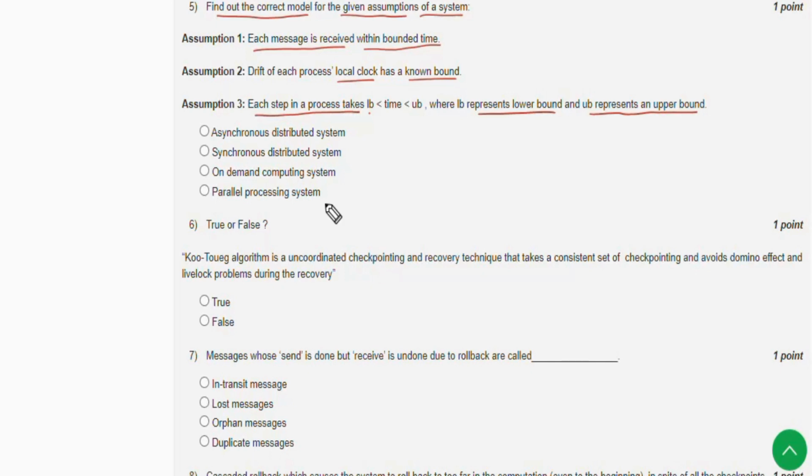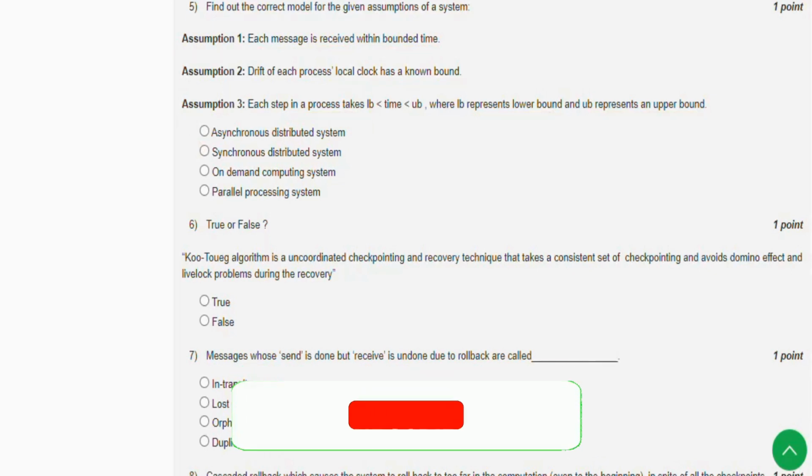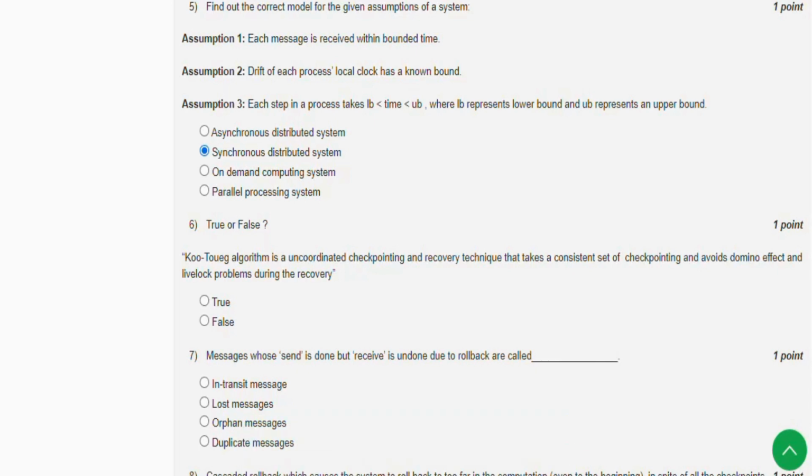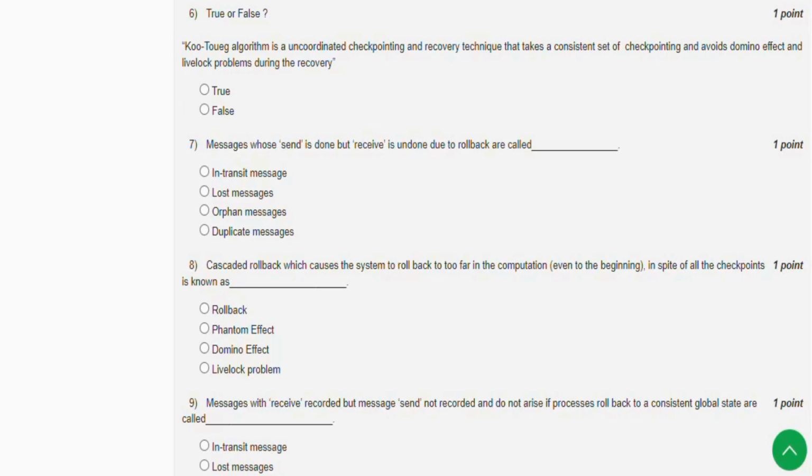Okay, so all the three assumptions are related to synchronous distributed system. Okay, so this will be the correct answer. Now get into the next question, question number 6.